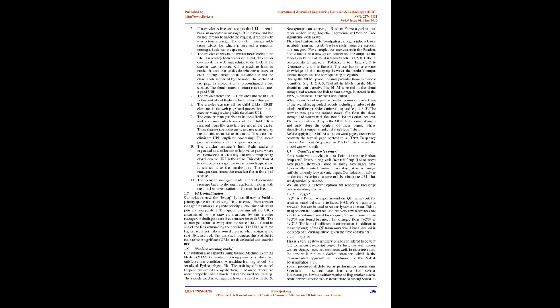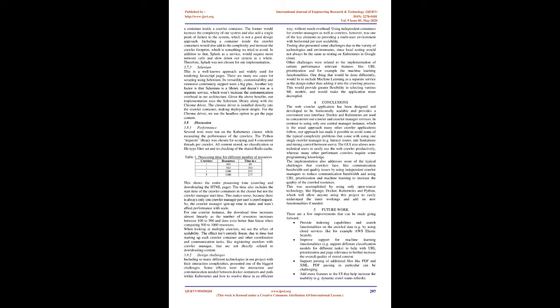Label 0 corresponds to category politics, 1 to history, 2 to geography and 3 to the rest. The user has to have some knowledge of this mapping between the model's output labels / integers and the corresponding categories. During the MLM upload, the user provides those numerical identifiers, e.g. 1, 2, 3, 5, 7, of all the labels that the MLM algorithm can classify.